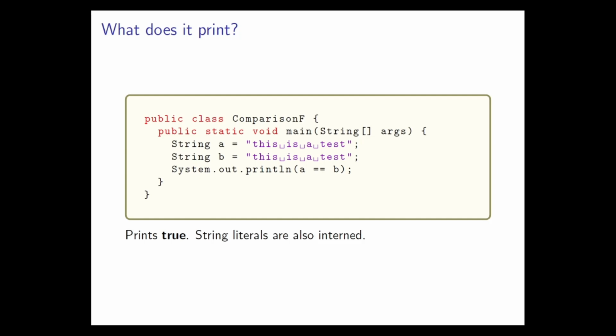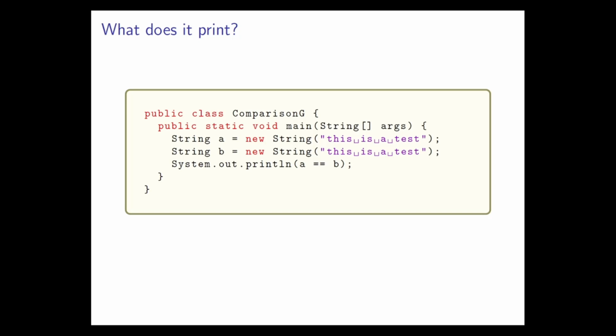We don't need to allocate separate memory to these two copies of the same literal string. We can just have one copy, and we can have those object references, a and b, refer to that very same object. And so then when we ask, are a and b referring to the very same object, the answer will be yes. Okay, so that's what's going on there.